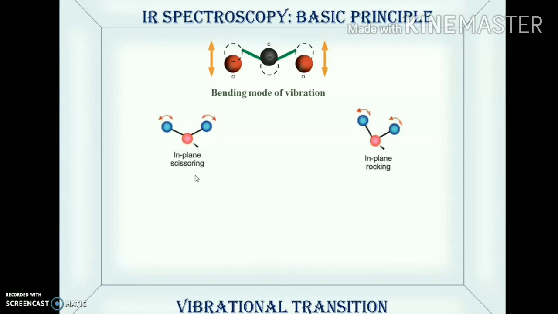So what is happening over here? The atoms are one time moving towards each other and then away from each other. That motion is called the scissoring type of vibration of atoms. So when the three atoms lie in the same plane, it is called in-plane scissoring type of motion that we have just mentioned.